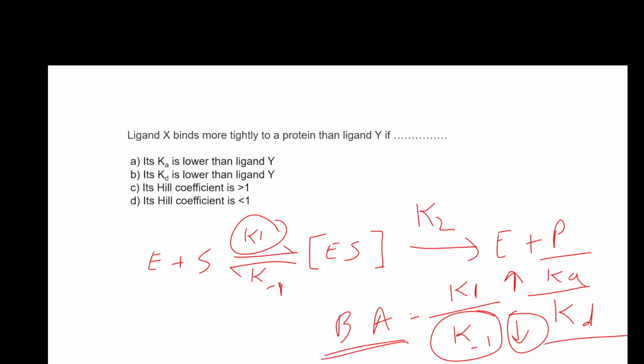So that is why for more affinity, the dissociation constant should be lower. So ligand X binds more tightly to a protein than ligand Y because ligand X has a KD value which is lower than ligand Y. So the correct option will be option B.